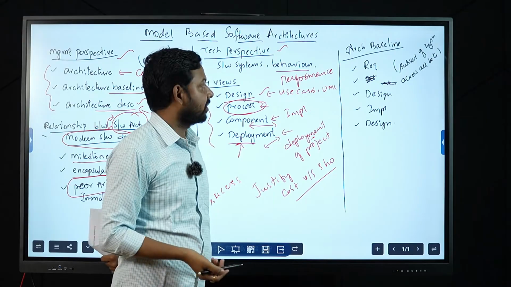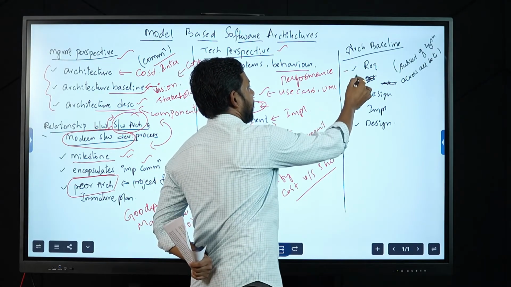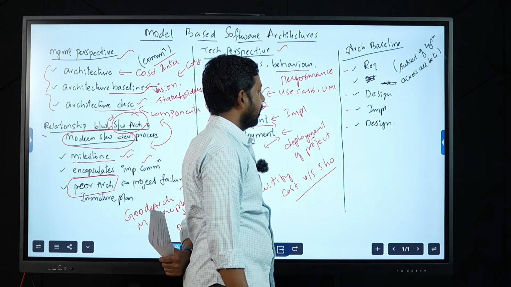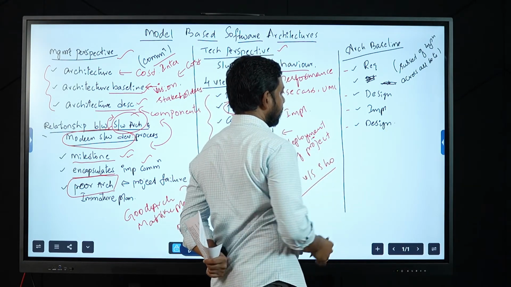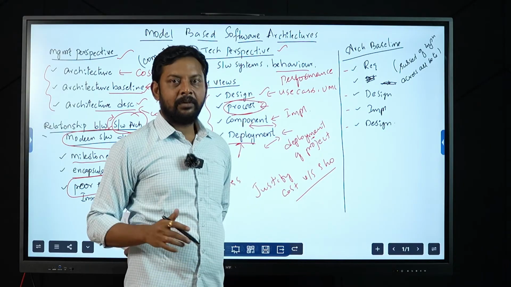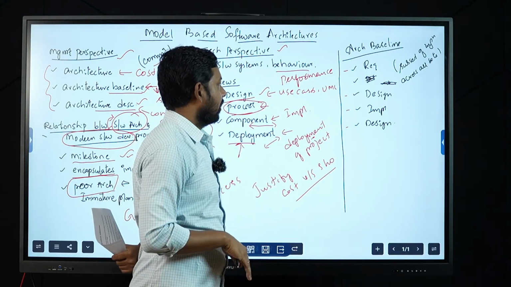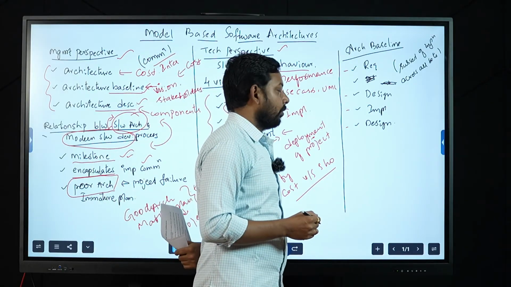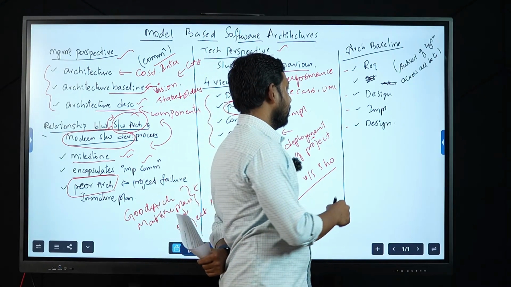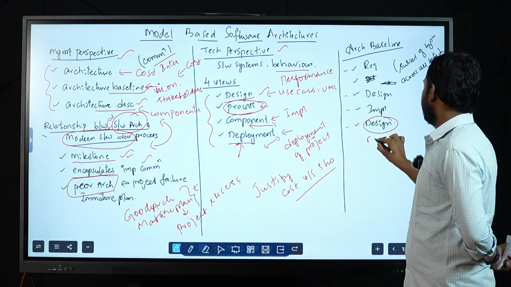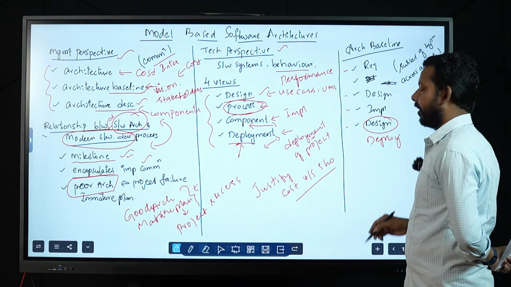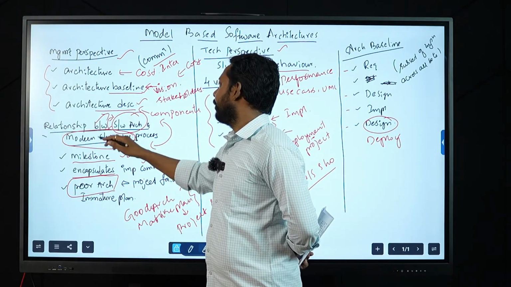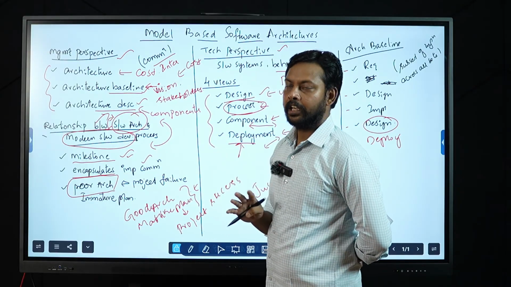First is your requirements, second is your design, then implementation, and then deployment. Requirements indicate the requirements from the user, design indicates how we are going to code them, and implementation indicates how we are going to start developing your project. Deployment indicates the success of your project. And architecture design is going to finally focus on the functionality of your project.